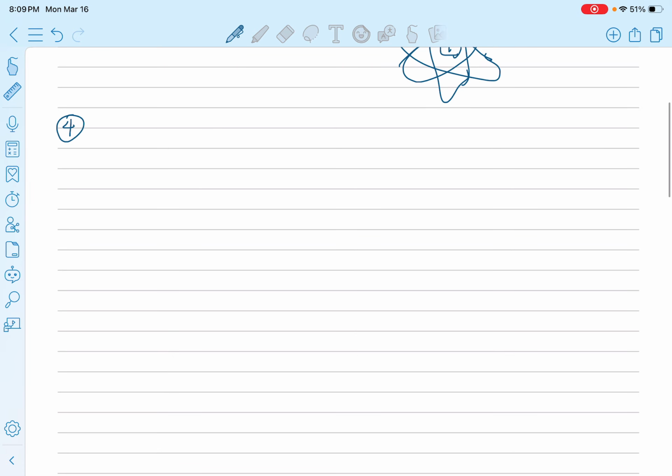The next model was introduced by Bohr. Bohr's model. Bohr completed Rutherford's work and added a little to the Rutherford model. That's why sometimes they say the Rutherford-Bohr model, because they complete each other's work.